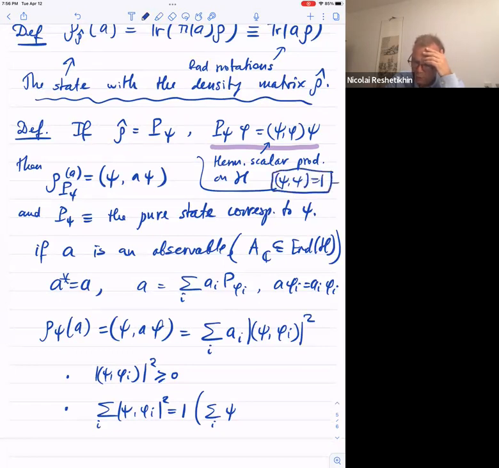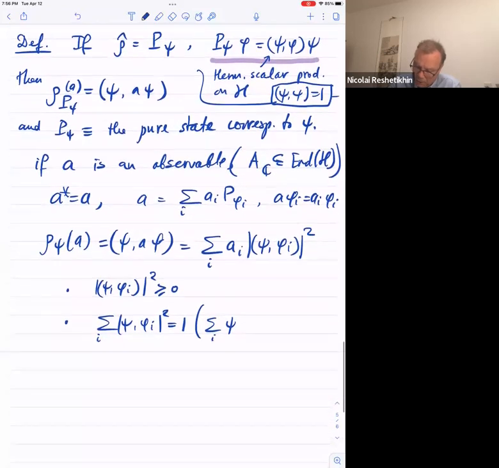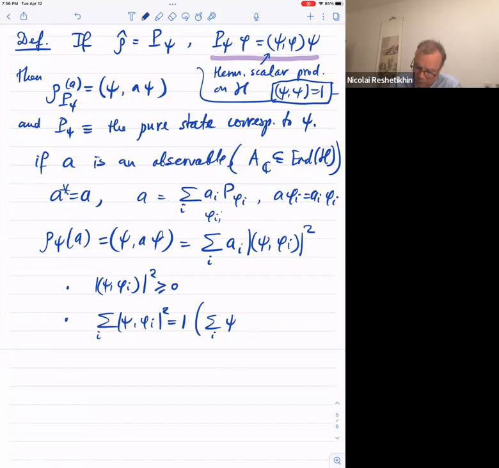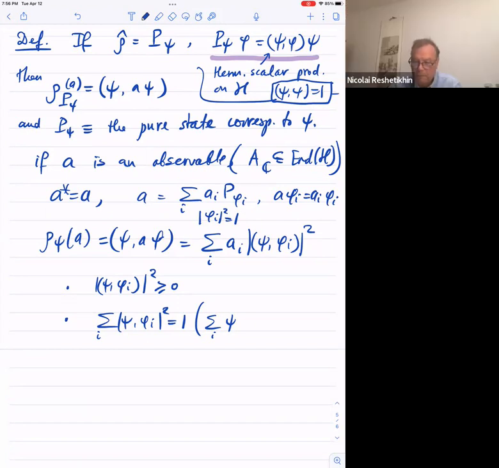It's a normalized vector in the Hilbert space. I failed to say that the norm of each of these vectors is 1. So we only have the notion of pure states for normalized vectors.